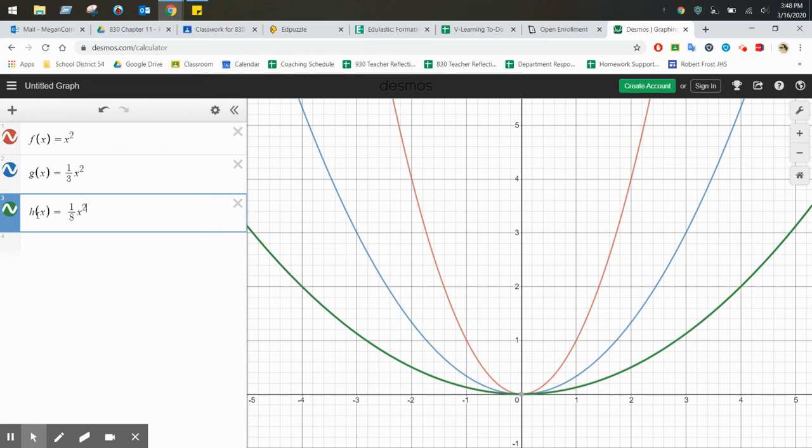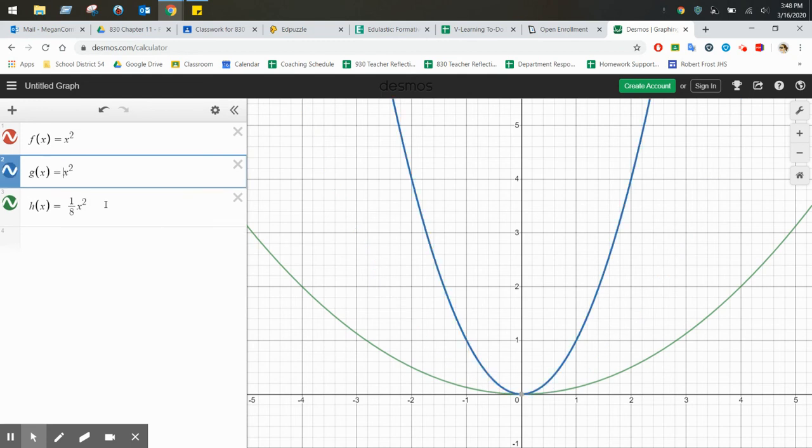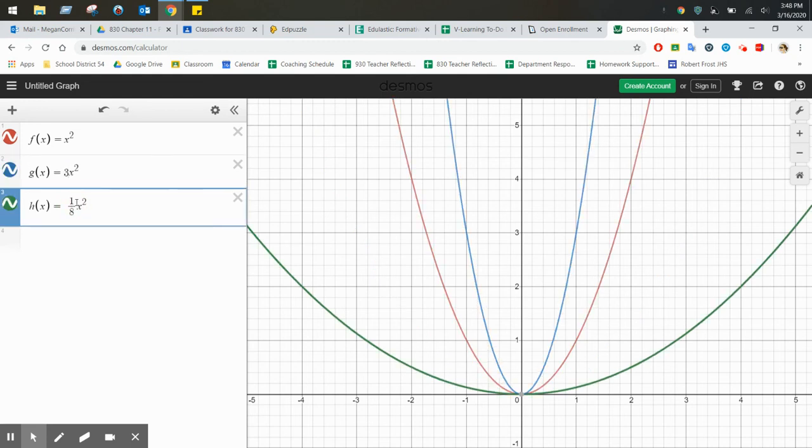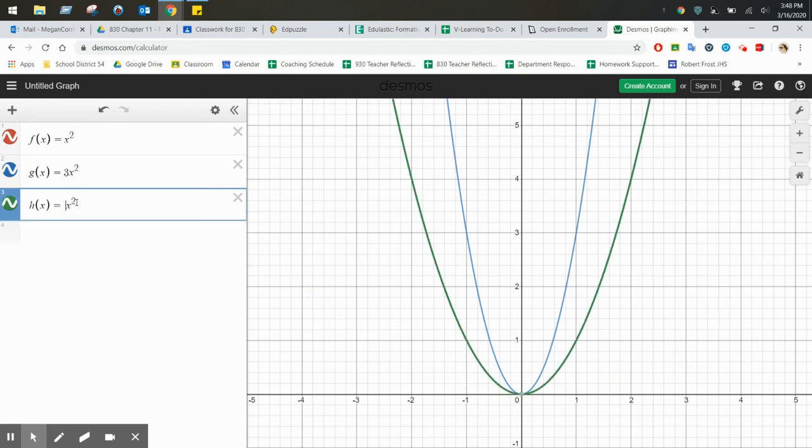So the closer you get to 0, the flatter that's going to be, or the wider it's going to get, right? If I change these back to whole numbers, if I change this back to 3x squared, I change this guy to 8x squared, notice it's getting narrower and narrower and narrower. So the farther from 0 you get, the narrower it's getting.